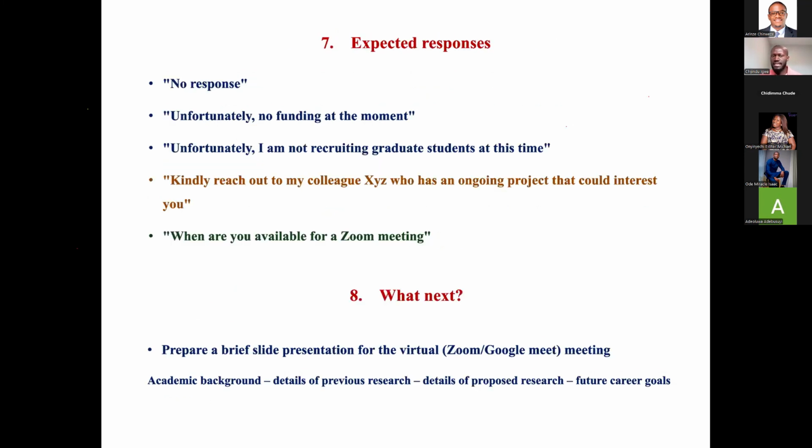So lastly here, after you must have done all of these, what are the responses that you may be expecting? The first, you may not get any response, and that's very okay. You may get responses that say that they do not have funding at the moment, and that's still very fine.